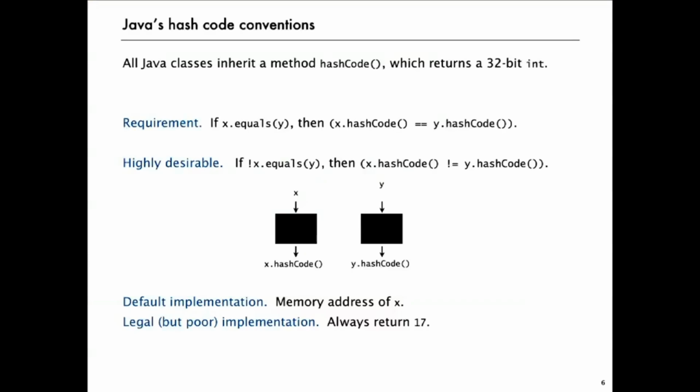As far as the algorithms go, as far as the rules go, you could always return 17. That's legal. It doesn't have this highly desirable attribute, but everything would compile. So you have to be a little careful that somebody isn't in there doing that.